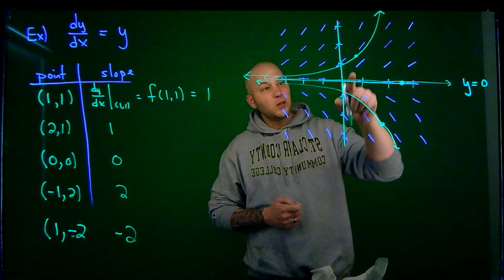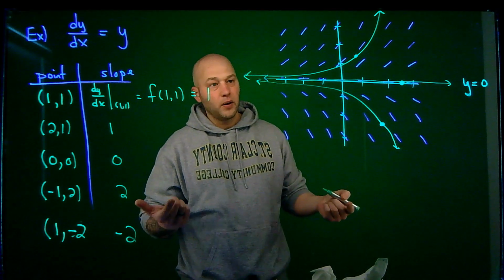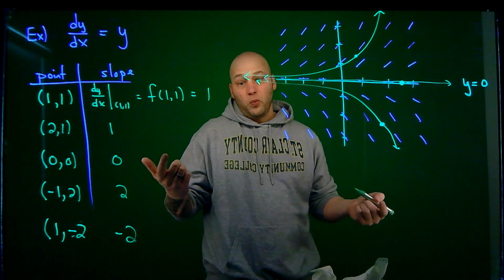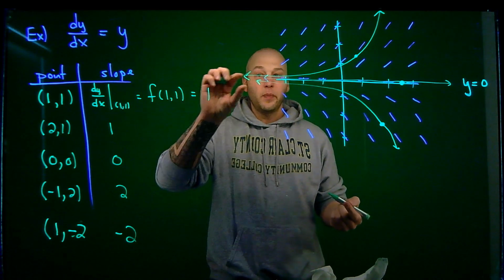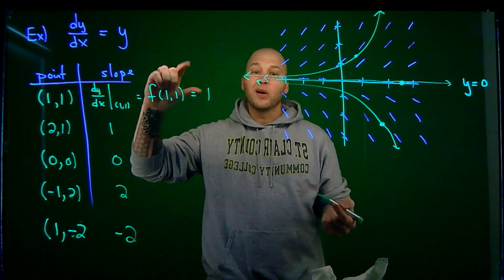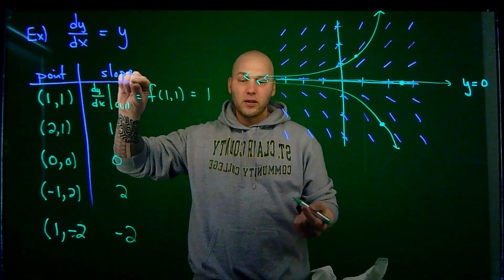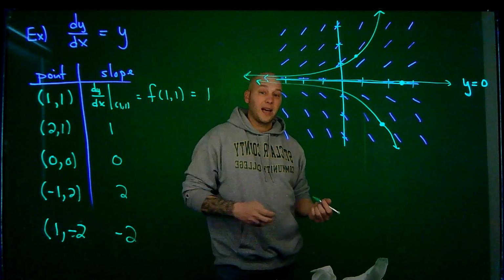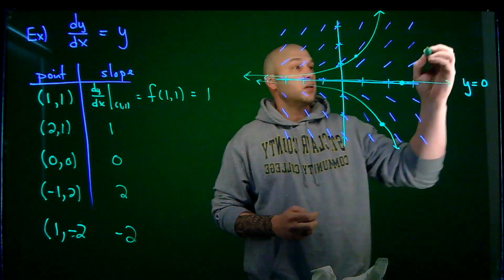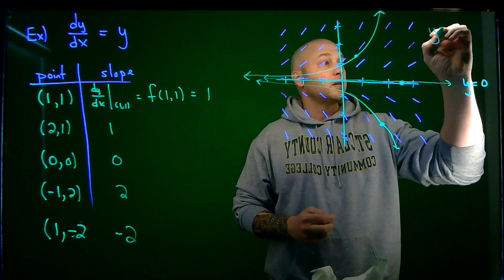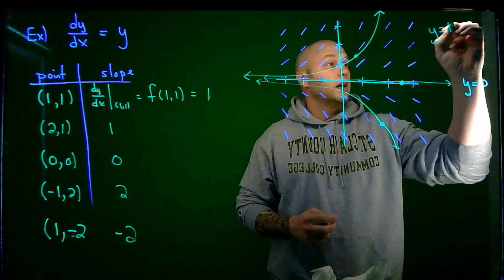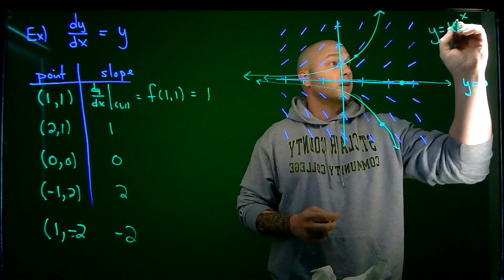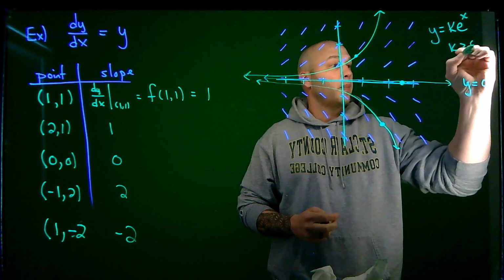Now, if I look at these graphs, what would the equation be that represents those? What trails off to a horizontal asymptote and also blows up to infinity? Those look like exponential functions. So this could be y equal to k e to the x, where k is a positive number.